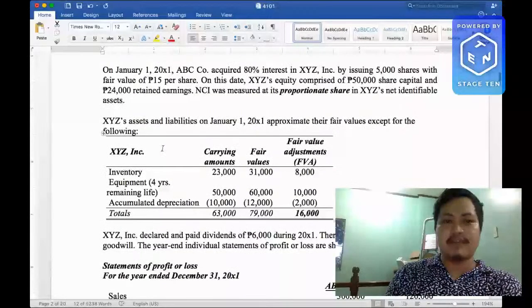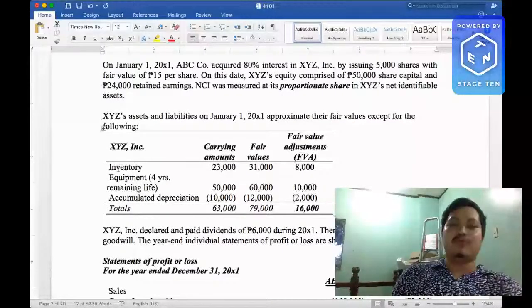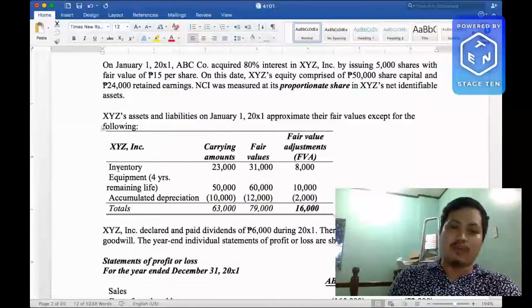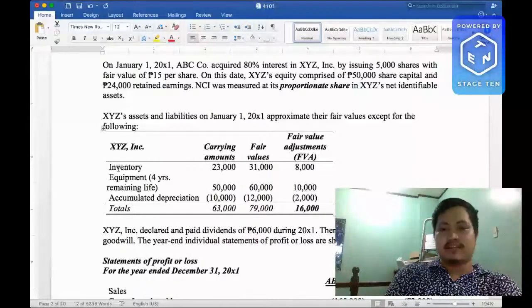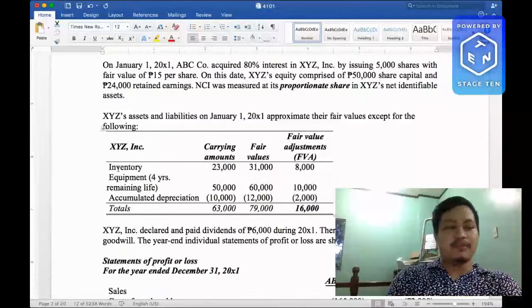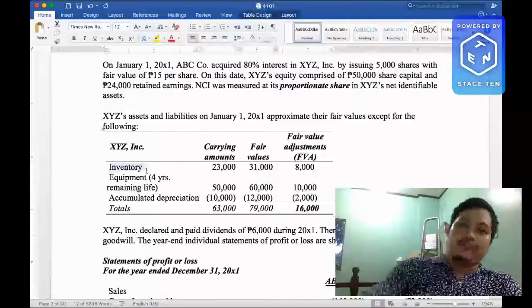Okay, XYZ's assets and liabilities on January 1, 2001, the date of the acquisition, approximate their fair values except for the following. You have two assets, class, whose book value or carrying amount do not equal or approximate their fair values. So this would be the source of our adjustment, the source of the amortization. But the primary difference here with the other problems we've discussed, class, is that here we have inventory.